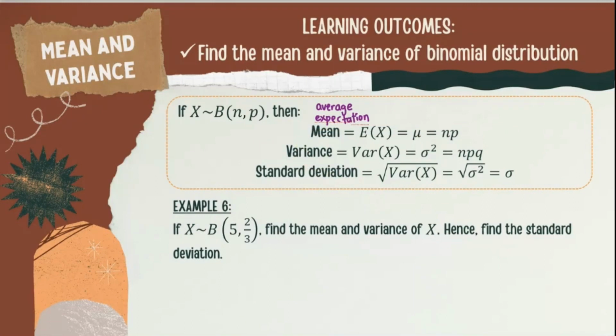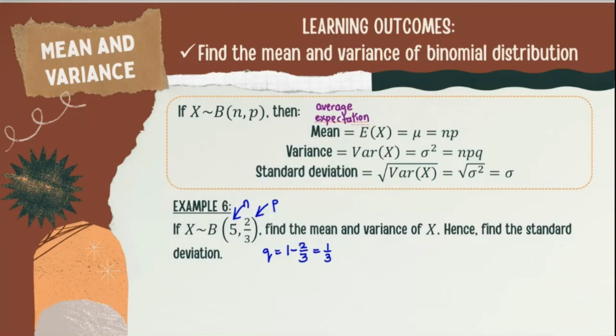So now let's look at this example. Kita ada N 5 dan P adalah 2/3. So find the mean and the variance of X. Hence find the standard deviation. Okay, senanglah soalan dia. Okay, so mean ini adalah kita punya N and this is our P. So kalau P kita 2/3, so automatic kita tahu Q will be equals to 1 minus 2/3 which is 1/3.